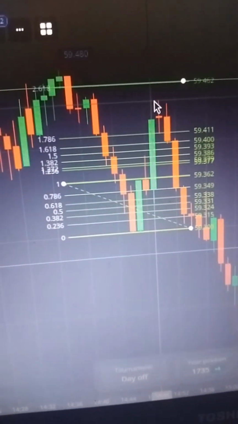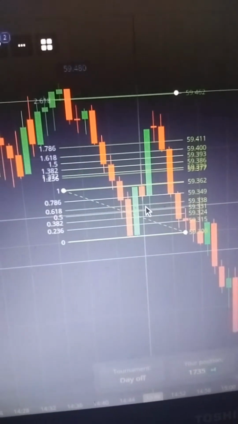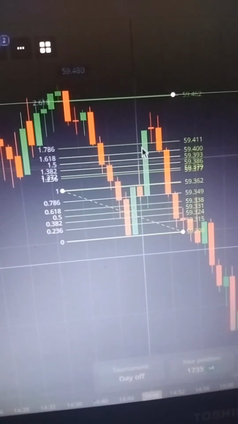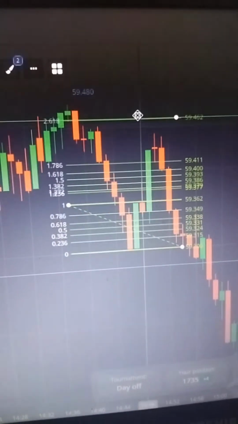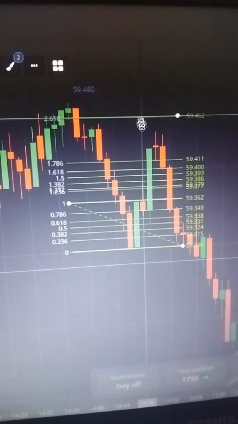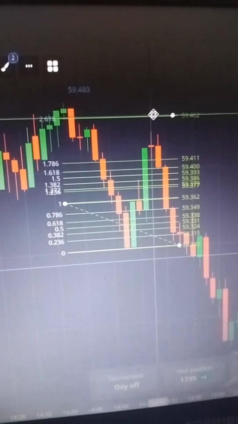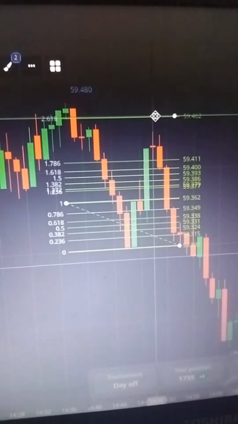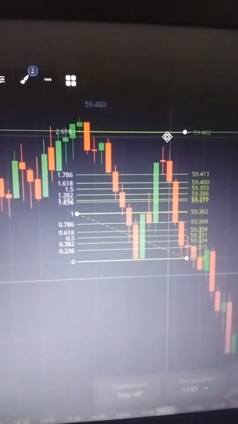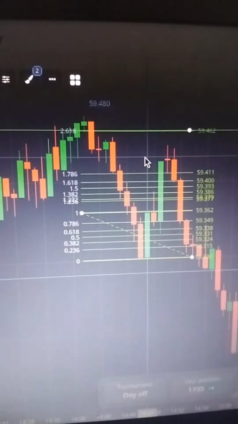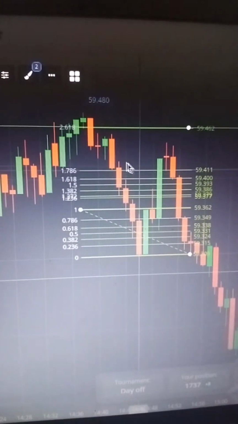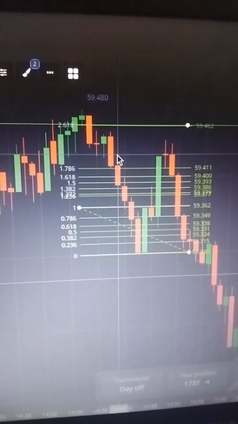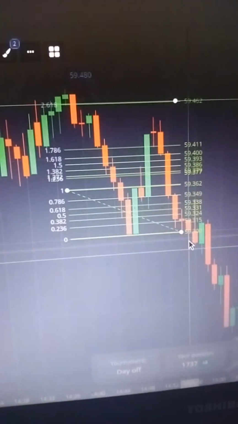Bam! It's an entry into the premium area. Not really TP2, we didn't hit TP2. We could hit TP2, that would be a deep premium, but they said nah. Most of the time, price just hits the 50% or the 61.8% and then melts.